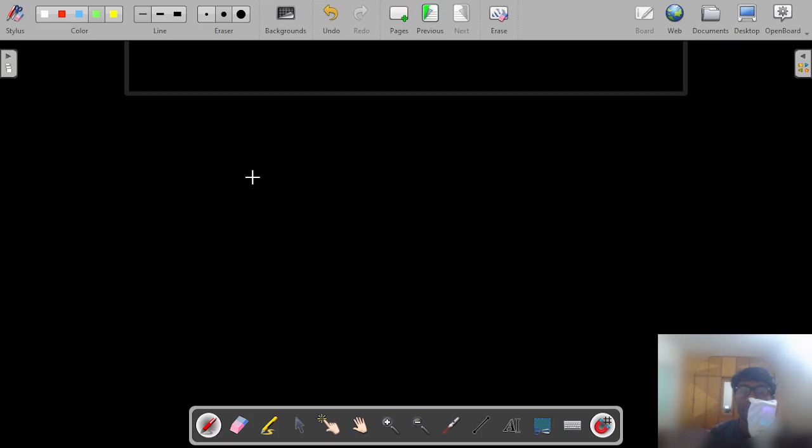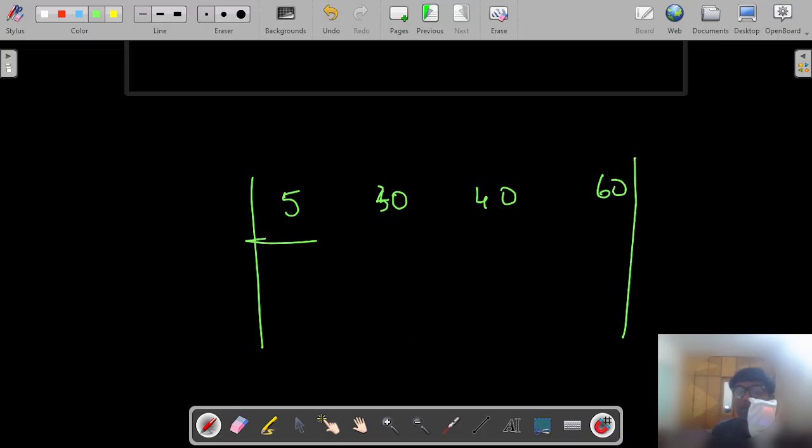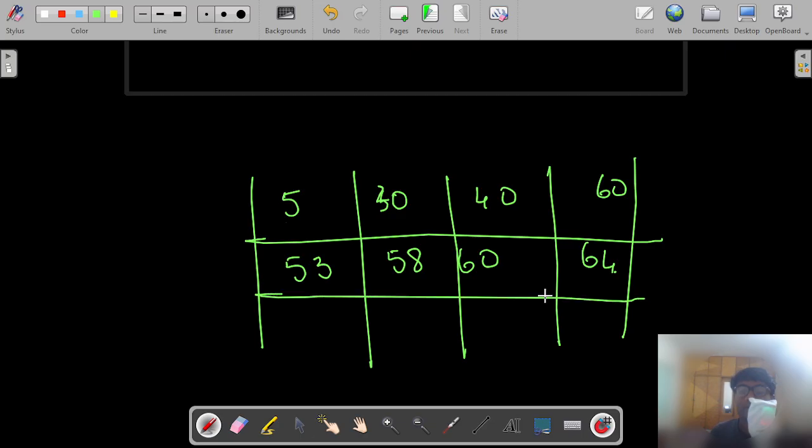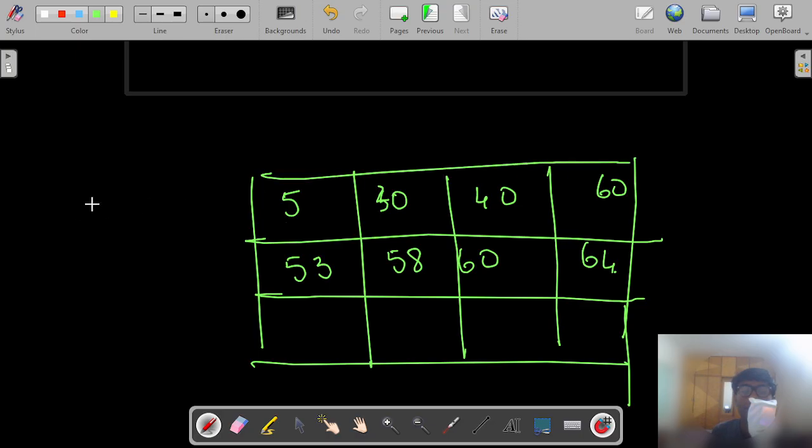So now that we know, this table will take up something like this. So let me rewrite all the values. 0, 64. These are with respect to questions.